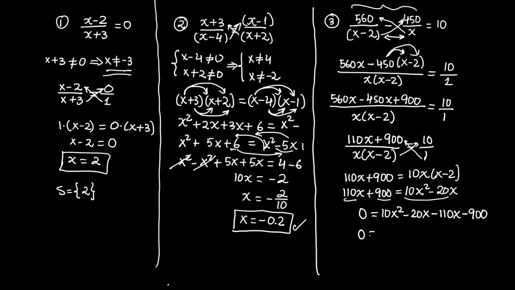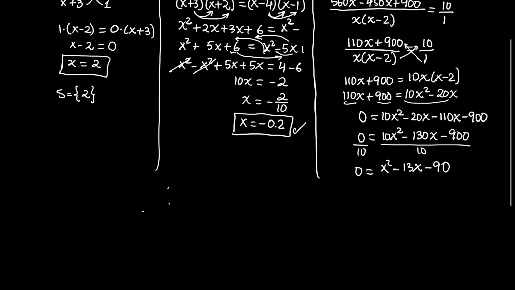Then I have 0 equal to 10x squared minus 130x minus 900. I can divide both sides by 10. 0 equal to x squared minus 13x minus 90. Now I can just flip it: x squared minus 13x minus 90 equal to 0. So I have a second order equation.